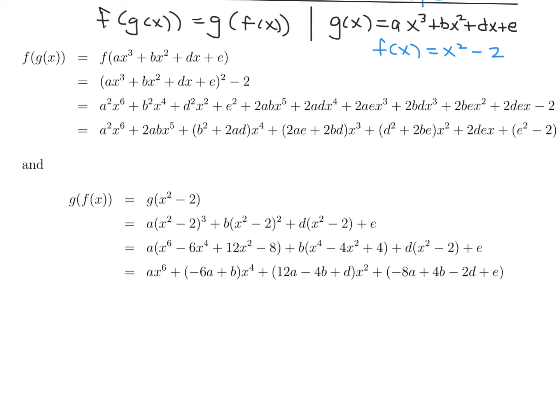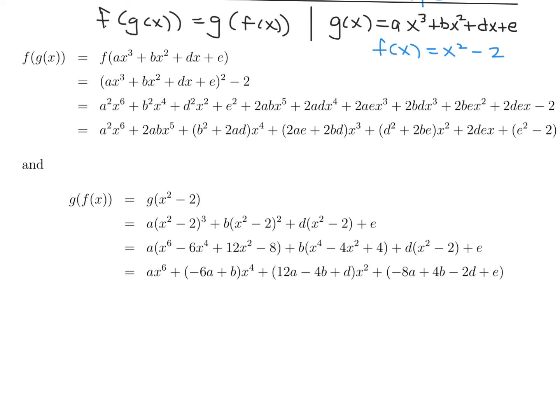And then you expand, and you get this big long expression. Then you collect like terms. So you have the coefficient in front of x to the power of 6, x to the power of 5, x to the power of 4, 3, 2, 1, and then x to the power of 0.